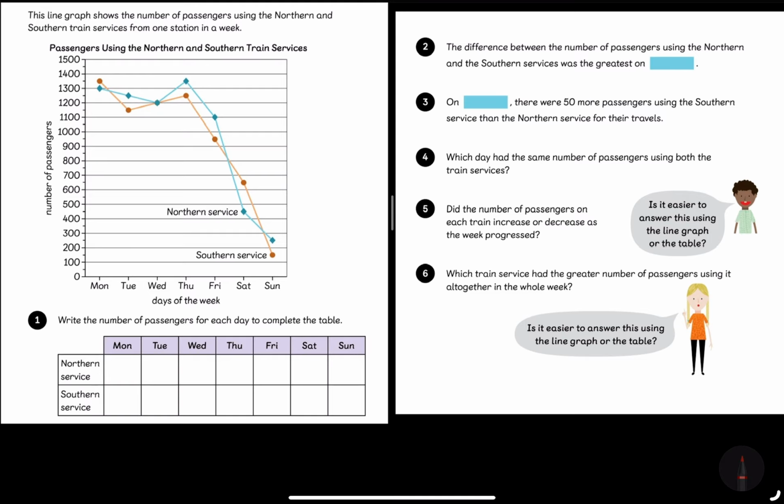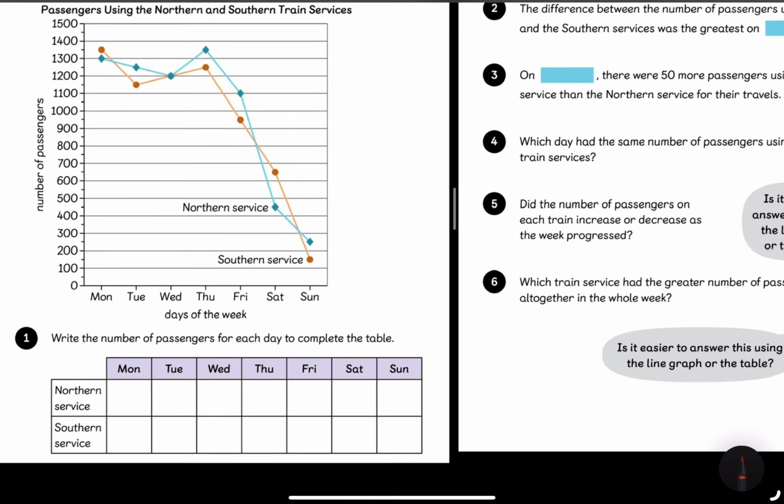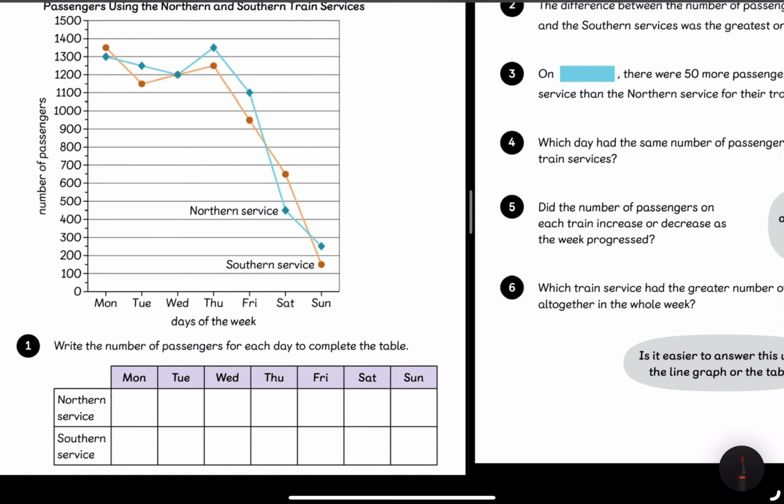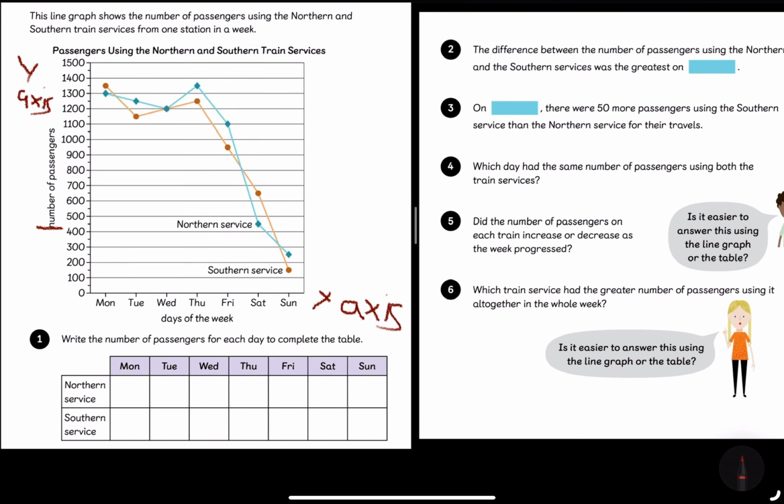As I taught you in my previous video, this is my x-axis and this is my y-axis, right? So let's start again. Here on the x-axis we have Monday, Tuesday, Wednesday, Thursday, Friday, Saturday, and Sunday. And on the y-axis is the number of passengers, from 0 to 1500.